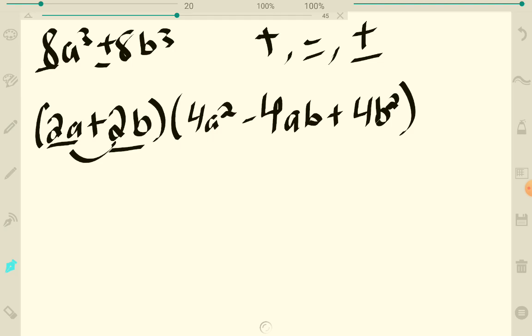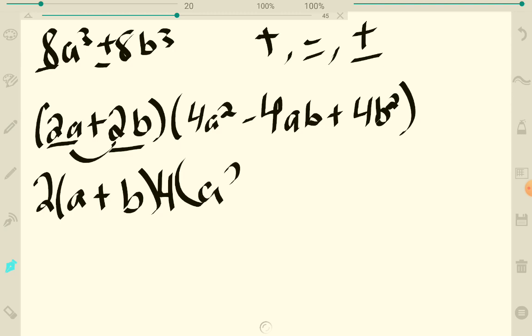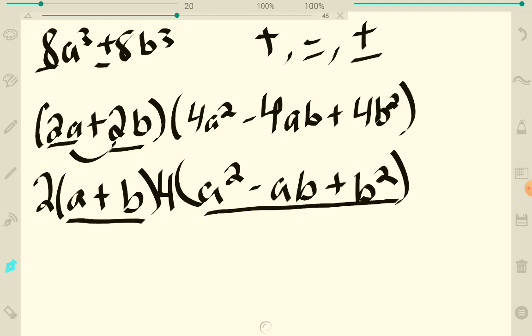And this would be our fully factored. And now if you really wanted to, you could factor one more step. And notice that we get the same thing, except with our numbers on the outside.